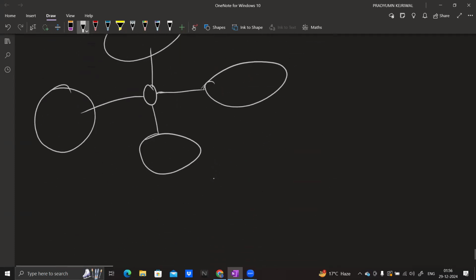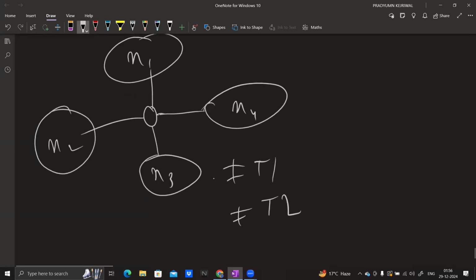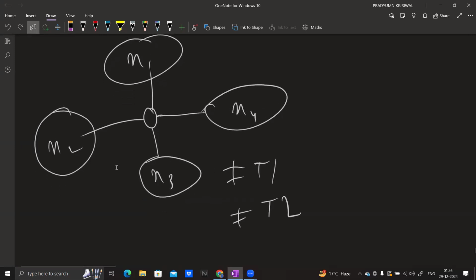So what we just need is the number of non-type 1 and non-type 2 nodes in all of these. Let's say this subtree has n1, this subtree has n2, this subtree has n3, and this has n4 number of non-type 1 and non-type 2 nodes. Basically, I have four subtrees.